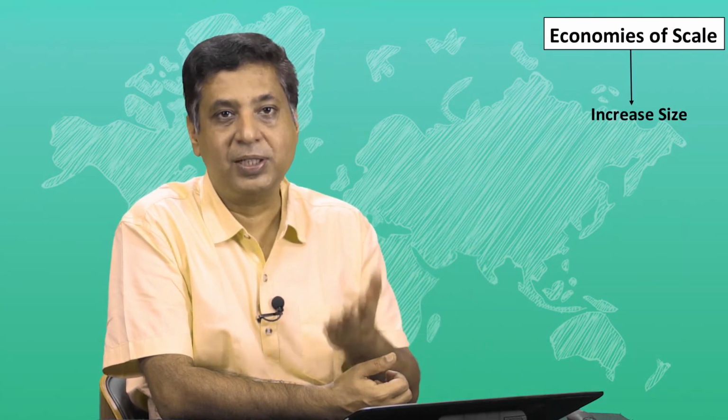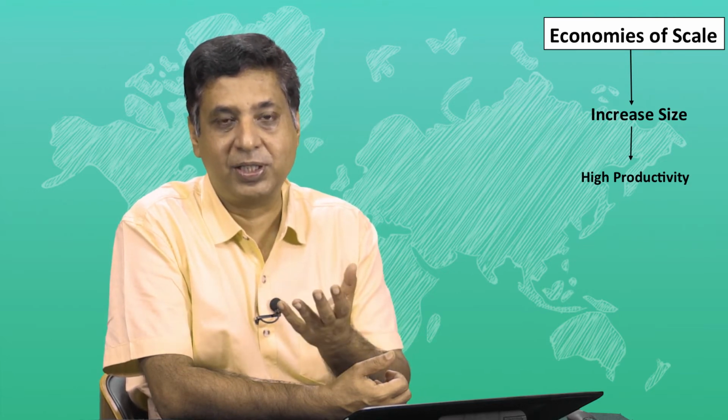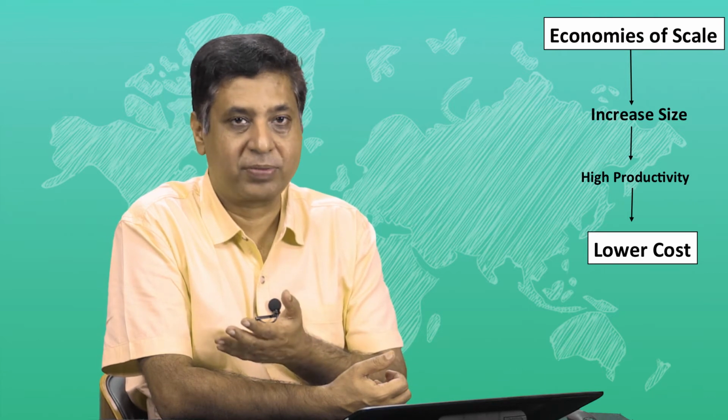Well, we said if there are economies or diseconomies of scale, then that reduces or increases costs in the long run. So, in other words, if there are economies of scale, increased size will lead to higher productivity. And higher productivity obviously leads to lower costs.